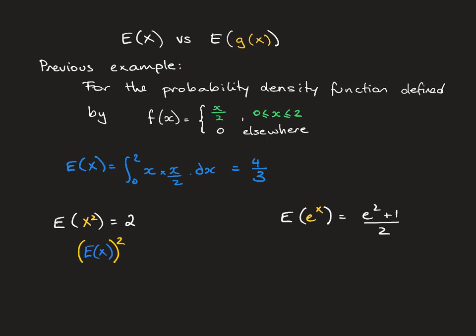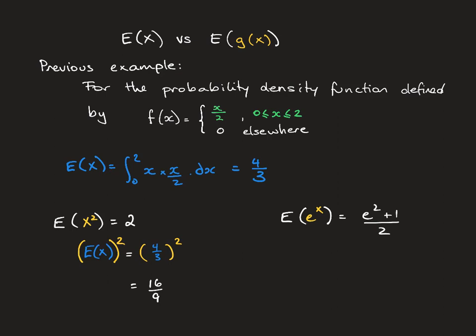What would we get if we did that? So what we actually get is the square of 4 on 3, and that is definitely not equal to 2. So we'll get 16 on 9, not equal to 2.